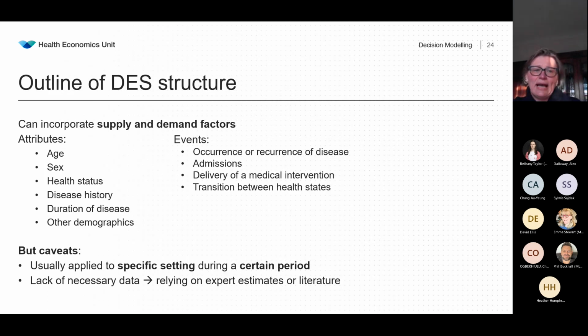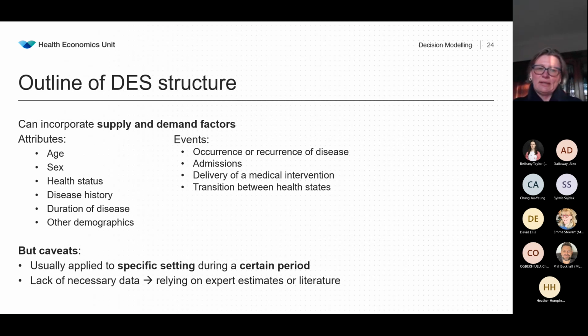So very briefly, you can incorporate various attributes into the structure, such as age, sex, health status, and demographics, but also disease history and duration of disease. That will have an impact on how this affects the responses to various events.